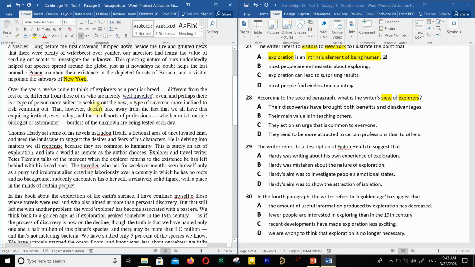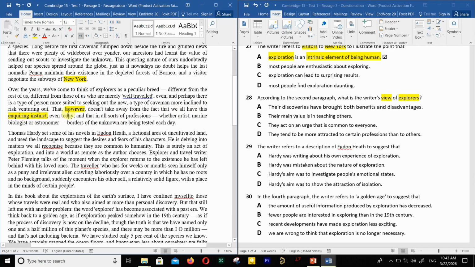Perhaps there is a type of person more suited to seeking out the new, a type of caveman more inclined to risk venturing out. That, however important, doesn't take away from the fact that we all have this inquiring instinct even today.